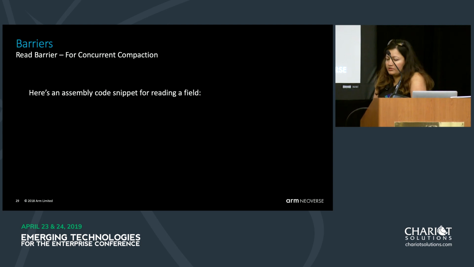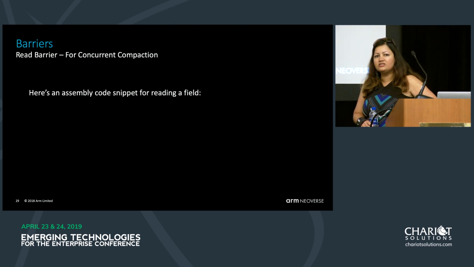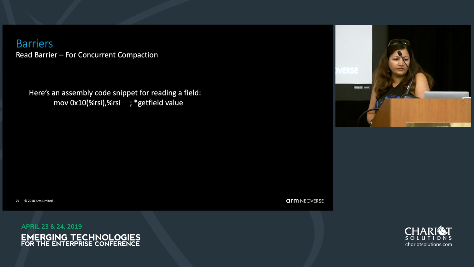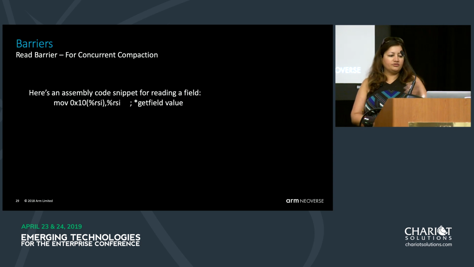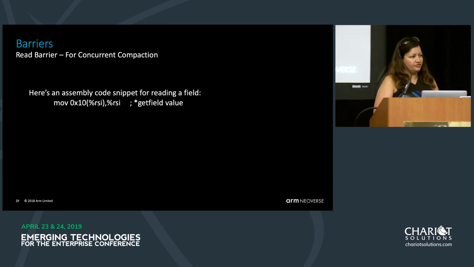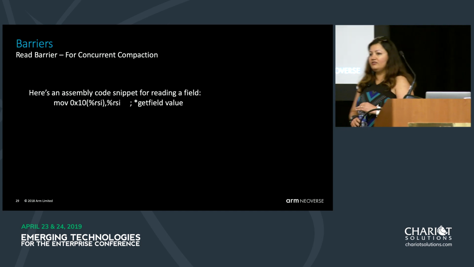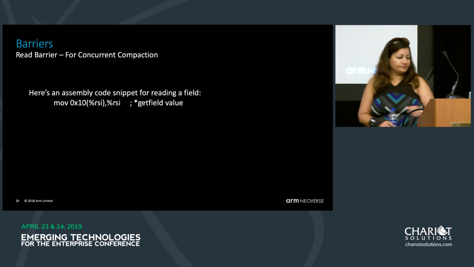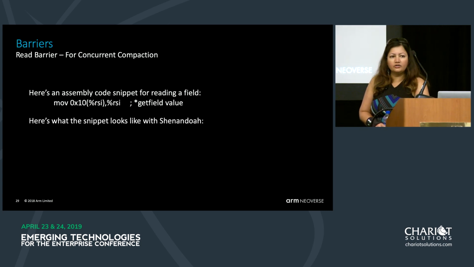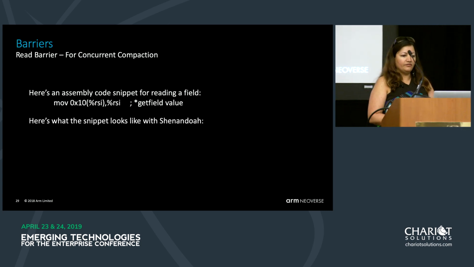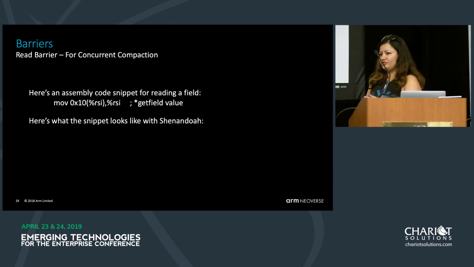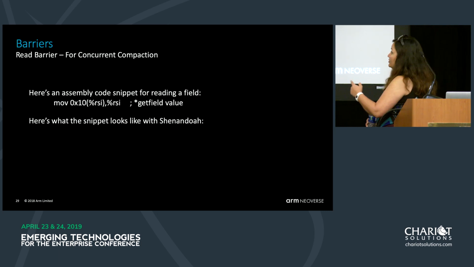It's something simple. Usually you will have reading a field. If you look at assembly code, it'll look something like this. You have the get field value. The register RSI contains the address of the object, and the field that you're reading is at offset 10. But for Shenandoah, because we have the forwarding pointer, the indirection pointer, we would have to change the assembly to look like this.